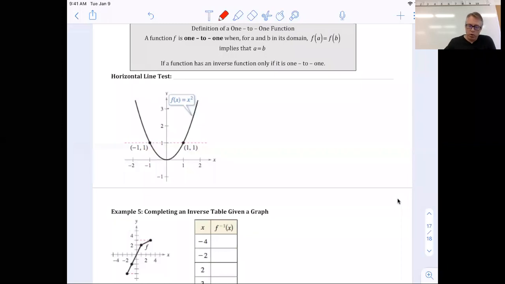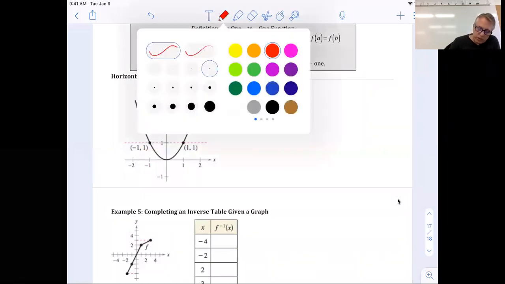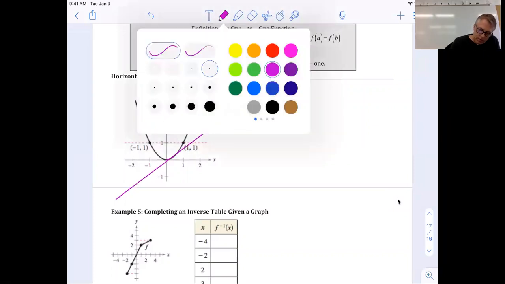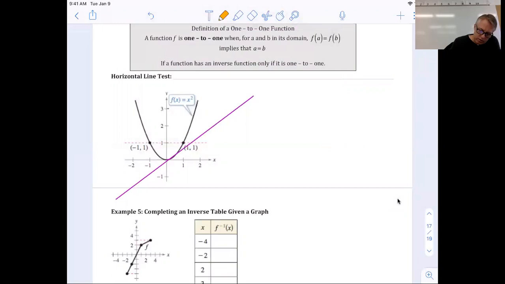Now, why that's important is because if we took that parabola and reflected it over the line y equals x, its reflection would look like that. And of course, that orange graph is not a function. It doesn't pass the vertical line test.